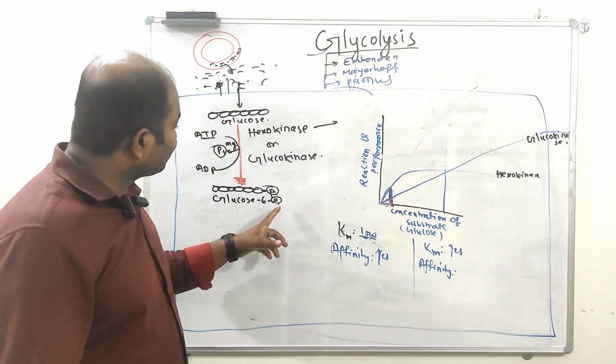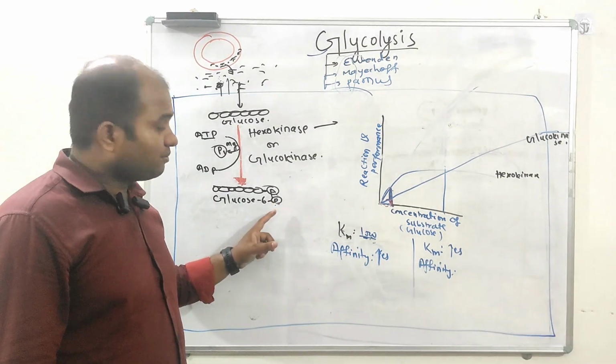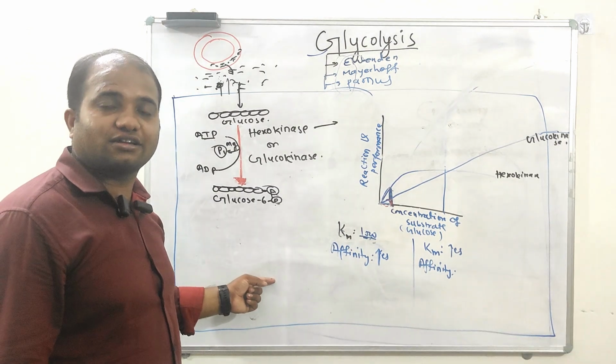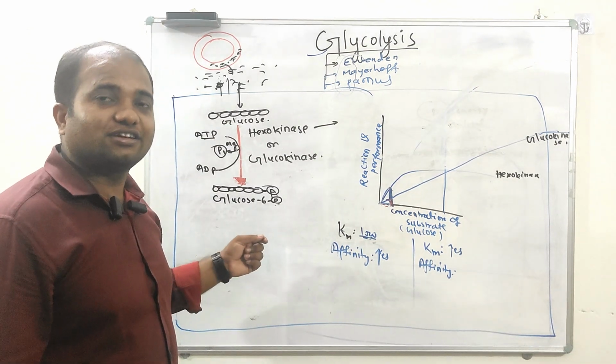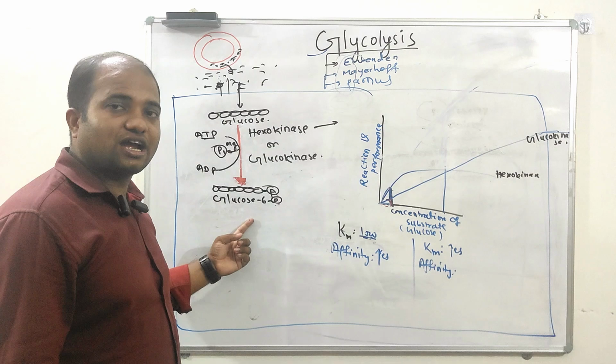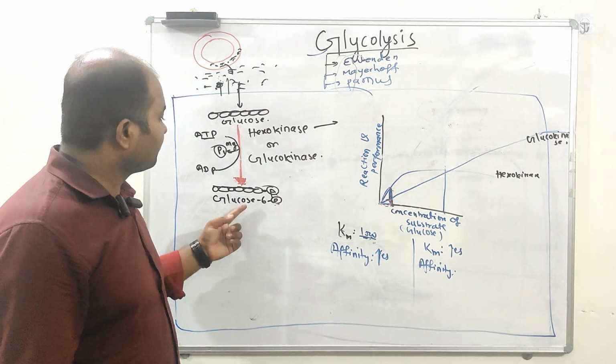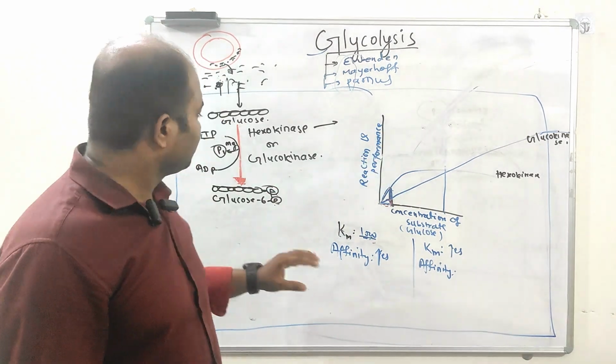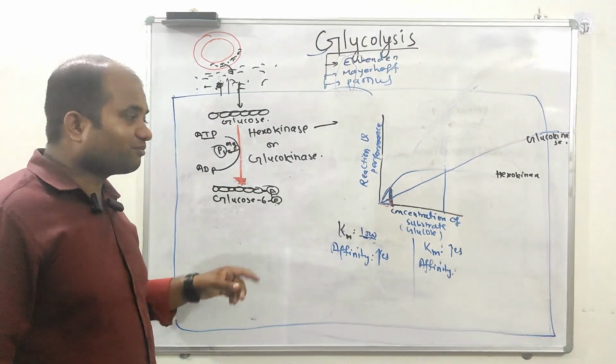So after that the reaction should slow down, because the rate of reaction at the beginning of glycolysis and at the late phase will be different, right? At the beginning it will be relatively faster. Once there is enough supply of ATP and glycogen storage, then the rate will slow down.